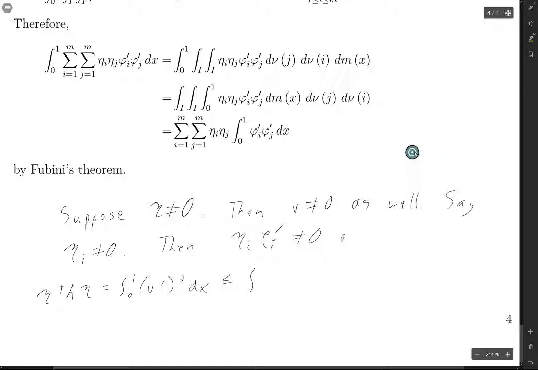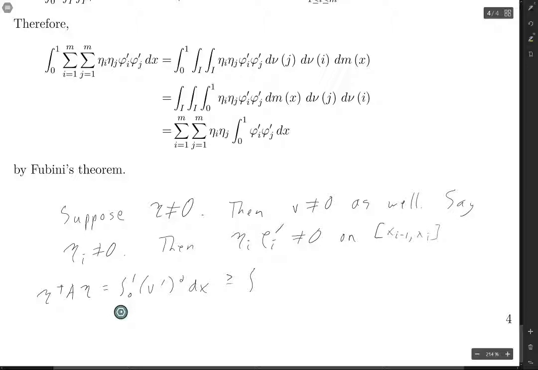So this is not equal to 0 on the interval from x_{i-1} to x_i. In fact, from x_{i-1} to x_{i+1} it's going to be non-zero, but that doesn't really matter. So this integral is going to be, no, we want it this way.